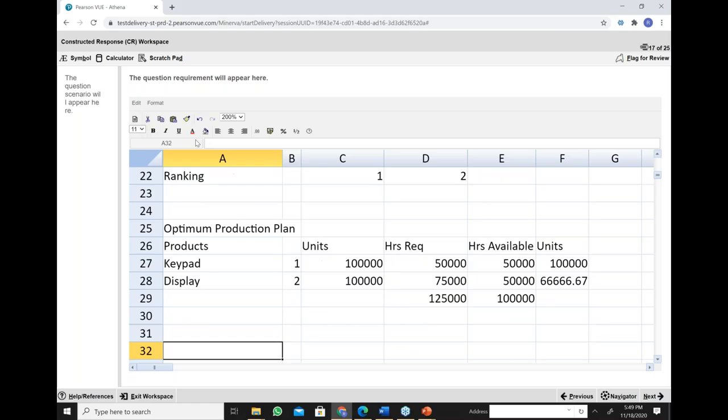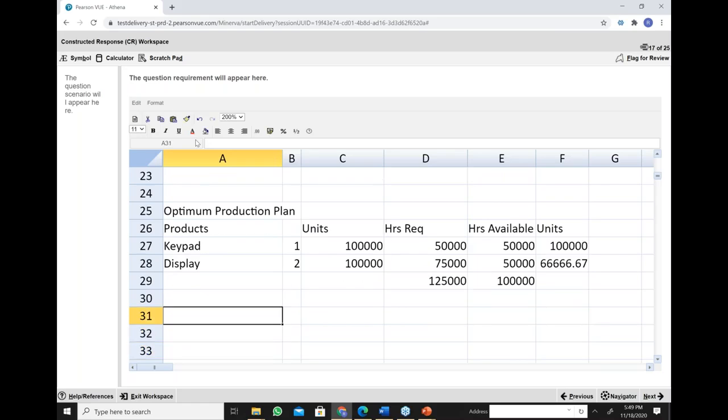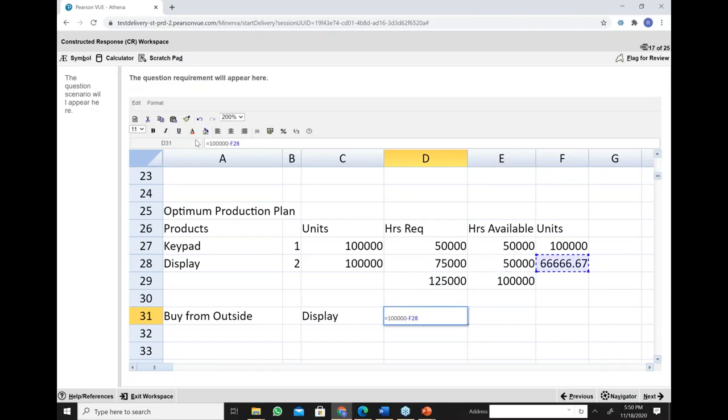So now we are moving towards the final thing. How many to buy from outside? Display screen, right? Only display screen will be bought from outside. So total demand is 100,000. Out of that, how much we have produced in-house?